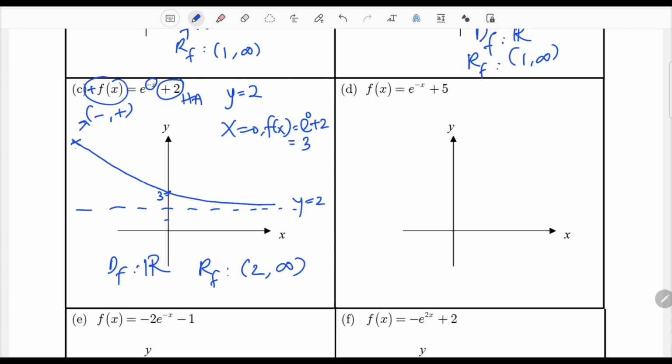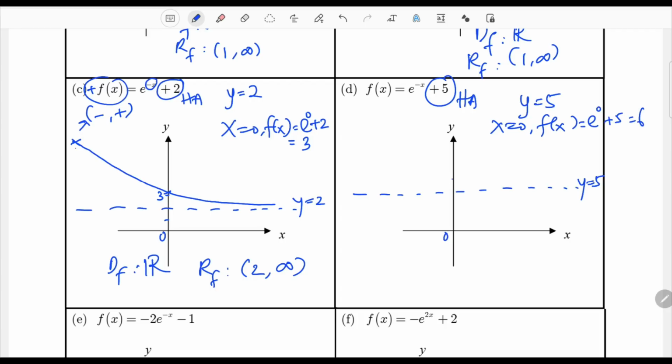Okay, can you follow? So what about this? This is your horizontal asymptote, so y equals 5. Find y equals 5. Make sure you label the origin. When x is 0, f(x) will be e to the 0 plus 5. e to the 0 is 1, so you get 6.